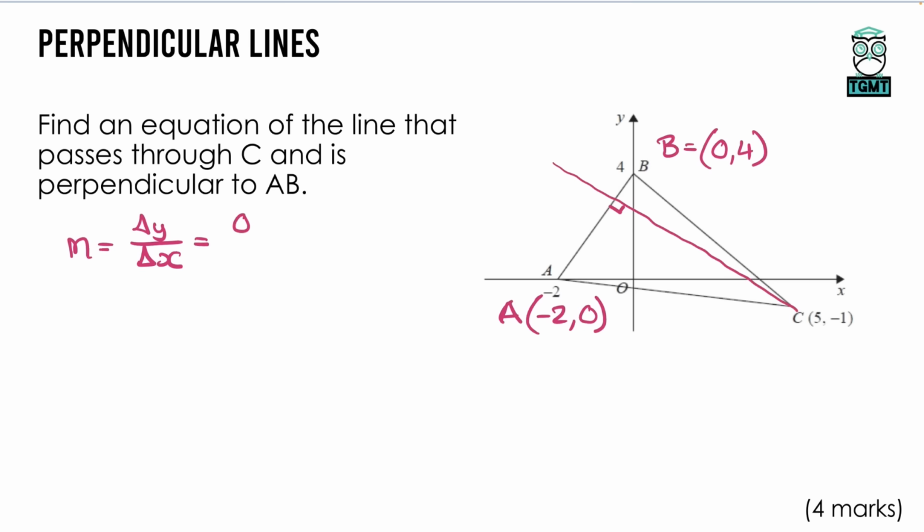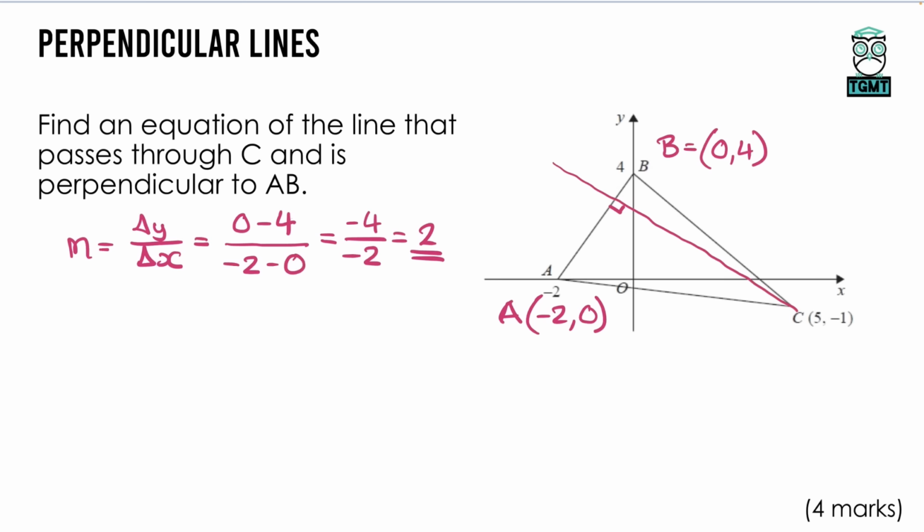So 0 minus 4, or you can do 4 minus 0, and then over the change in x, which is -2 take away 0. You can also just think about it as a distance, and use the positive versions. From 0 to 4 is 4, from -2 to 0 is 2. So we can actually just use the positives, which probably would have been nicer in this one, but -4 over -2 is +2. So the gradient of AB is 2.